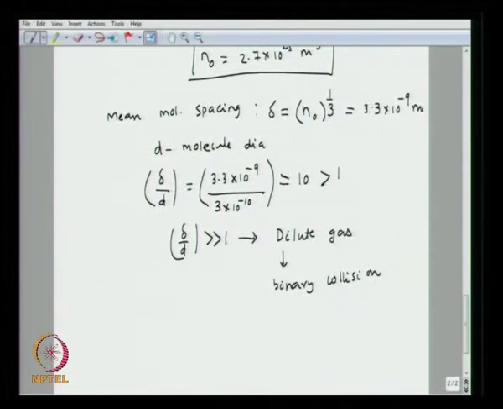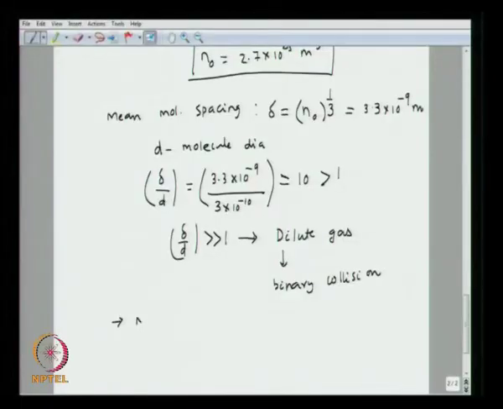Next, we look at 3 different important parameters in gas flows. One is lambda, which is called the mean free path.